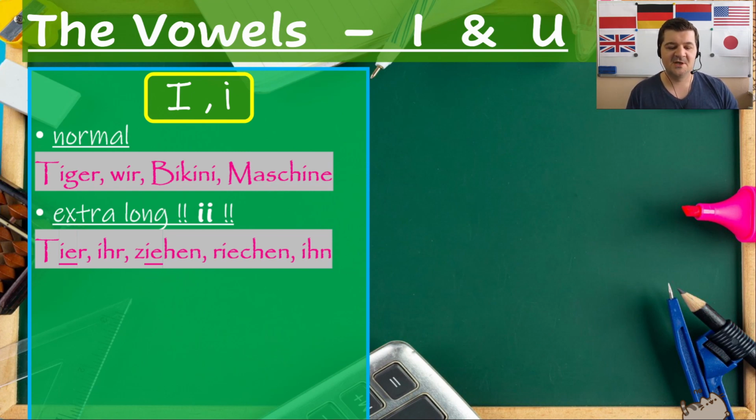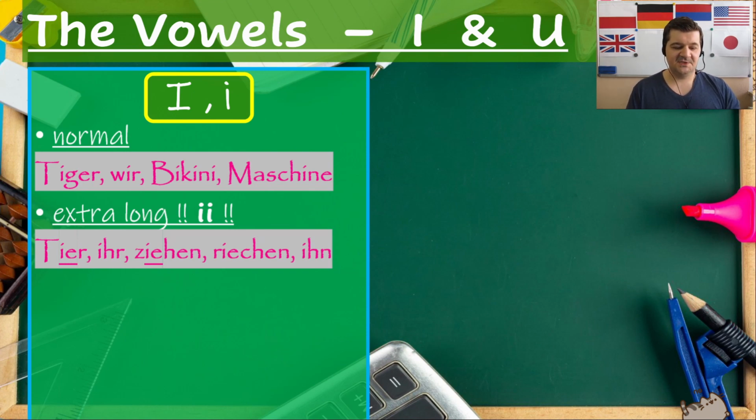Here you see there are both possibilities in one word, so it's extra long, and you have to at least pronounce the H a little bit here, just like you did with sehen. So ziehen. The next one could be, for example, riechen, and you have this E again, which makes an extra long E. And again with H, for example, ihn.